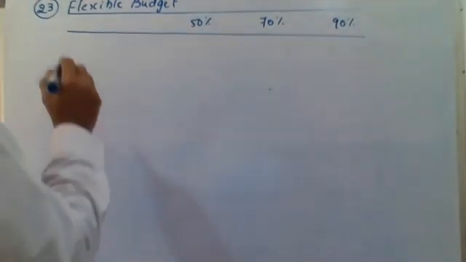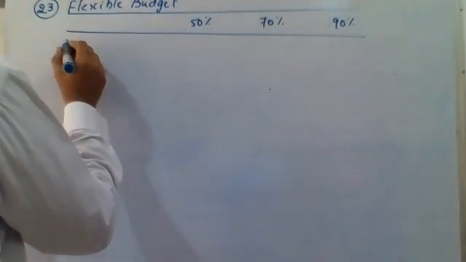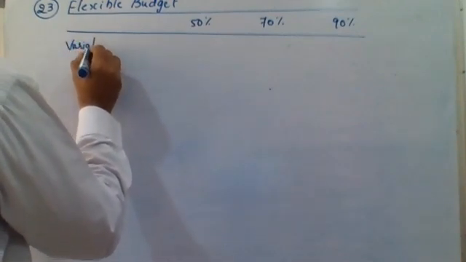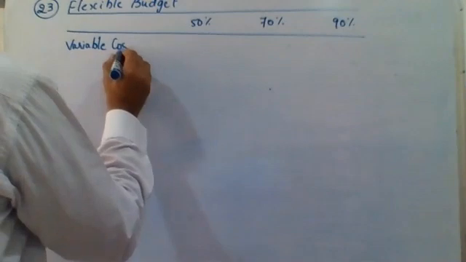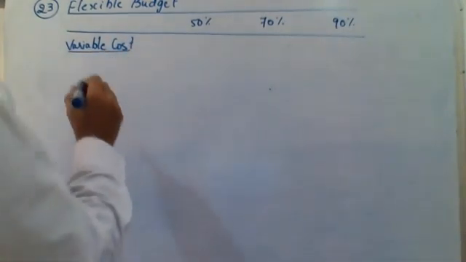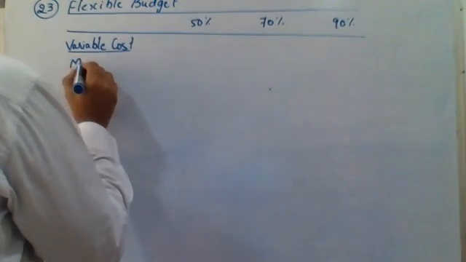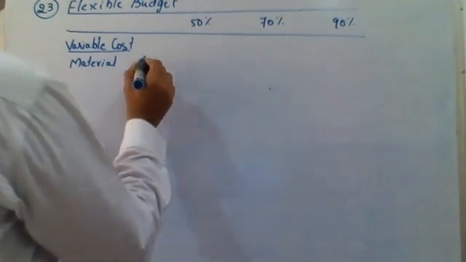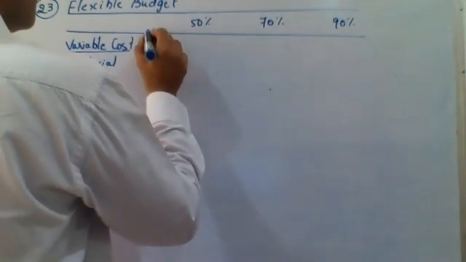All right. So I start with the variable cost. Material is 60 per unit, so I'm writing per unit here.